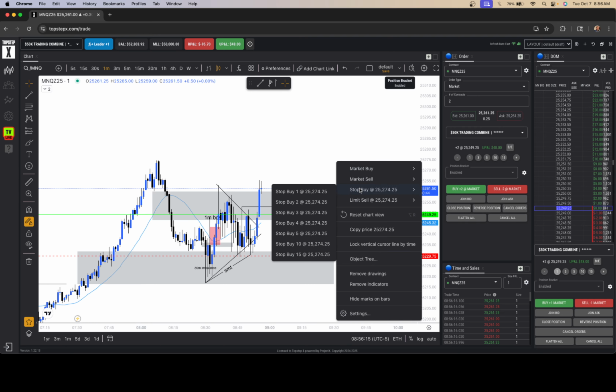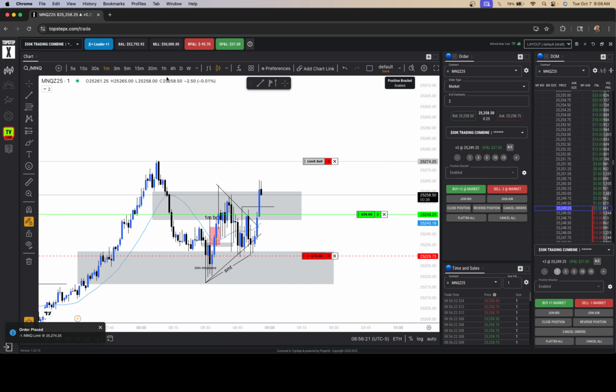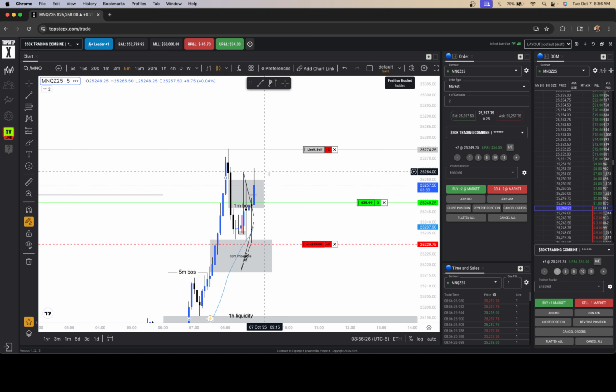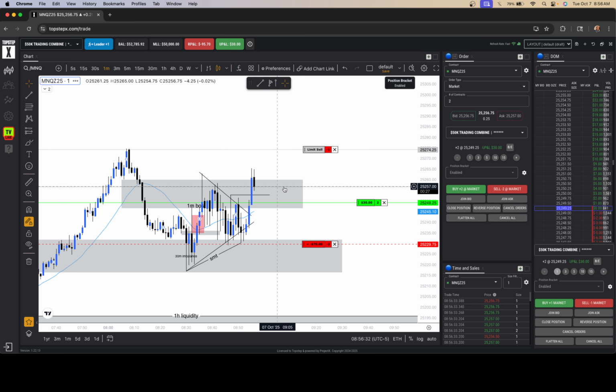I might just take it all off at the high, because we could end up reversing again right here and going lower, because we technically already took the liquidity from the 1 minute.